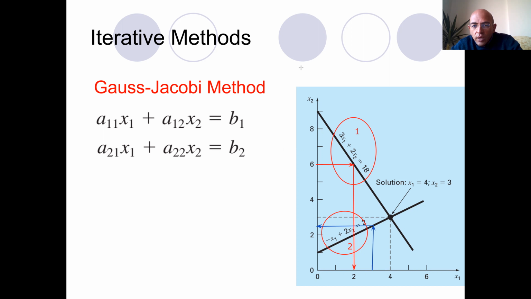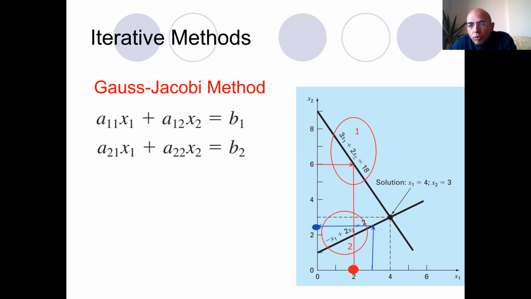Now I have two new values. For x2 it is 2.5, and for x1 I have 2. Now the point is this: I will use this 2.5 value in calculating my new x1, and I will substitute it into the new equation.